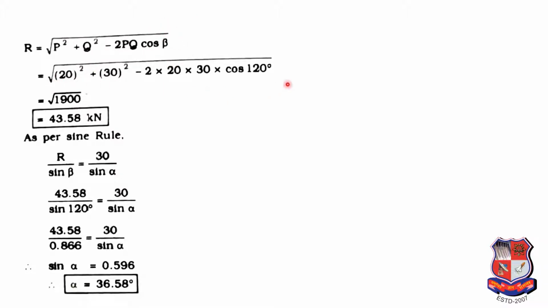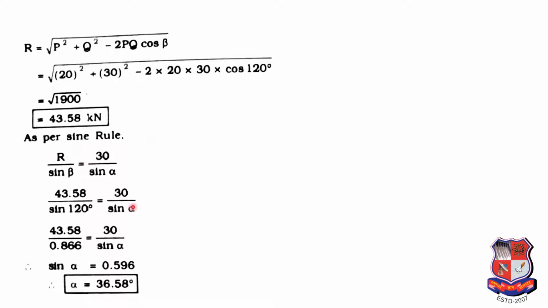If you simplify that in your simple mathematical calculation, then your resultant R will be under root 1900. Okay. So again you will do simple calculation in your calci, then R will be 43.58 kilonewton. Okay, you can check in your calculator also.